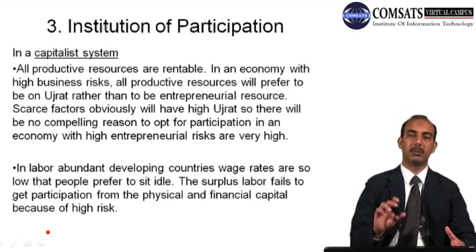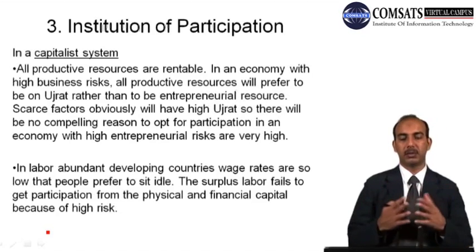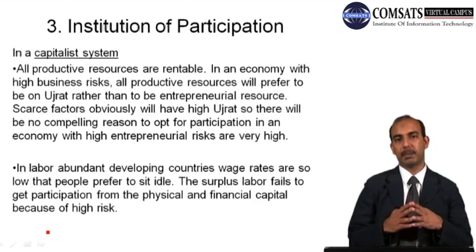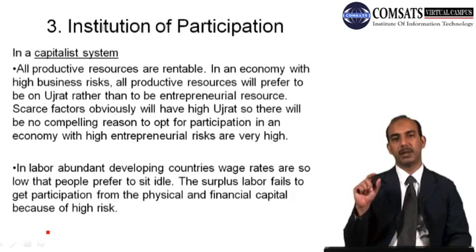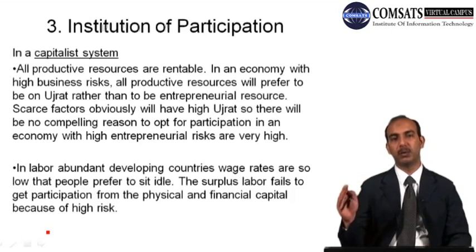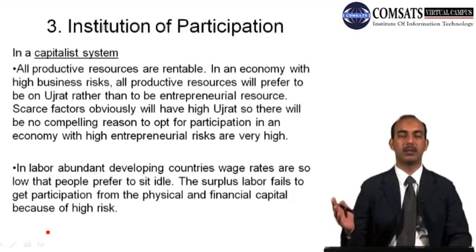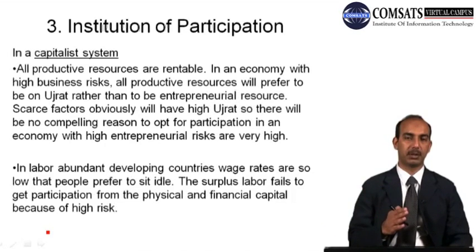So in a capitalistic system, when the productive resources can be rented out and the risk in the market is higher, the factors will not prefer to become an entrepreneurial factor, rather they will become a hired factor of production.